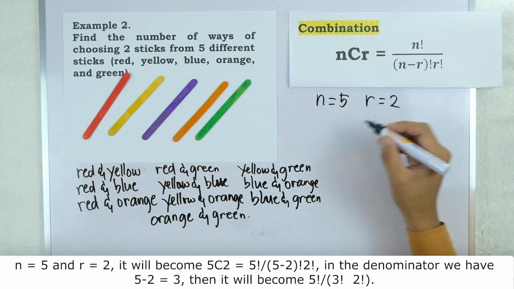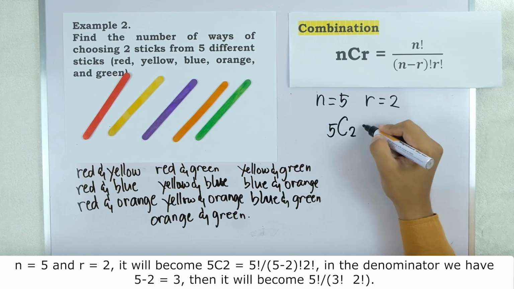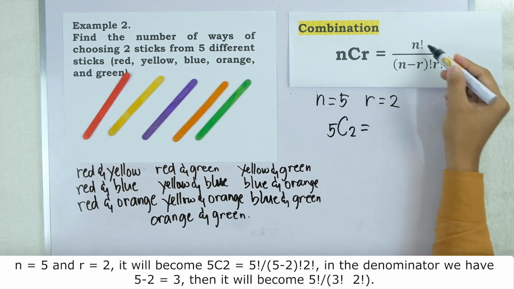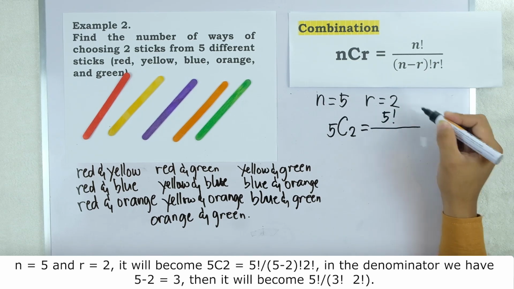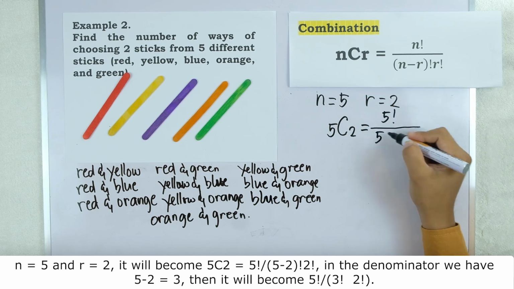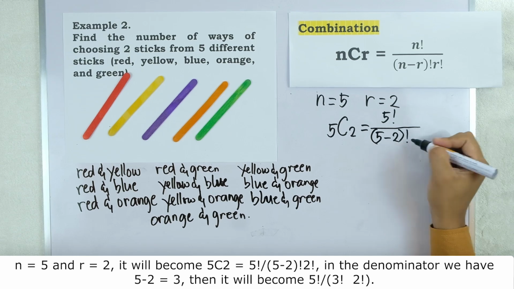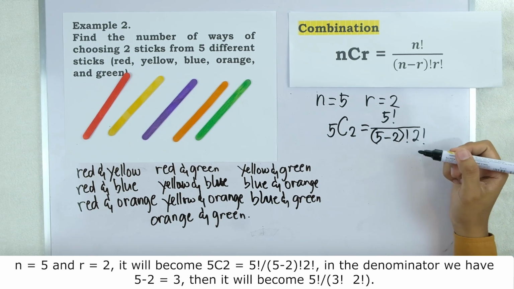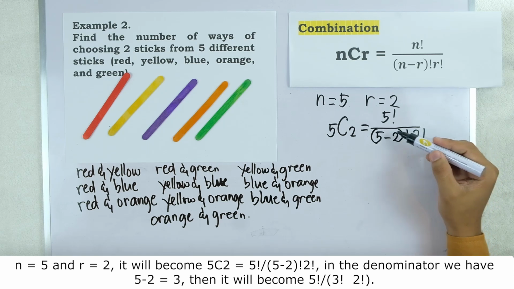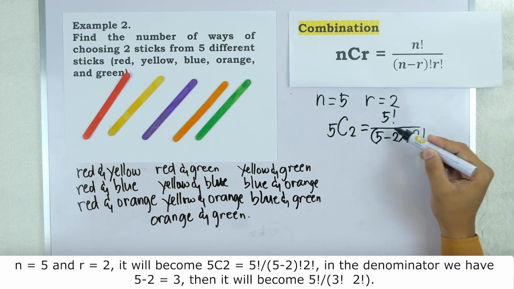It will become 5 choose 2 is equal to 5 factorial over 5 minus 2 factorial times 2 factorial. In the denominator, we have 5 minus 2 is equal to 3.